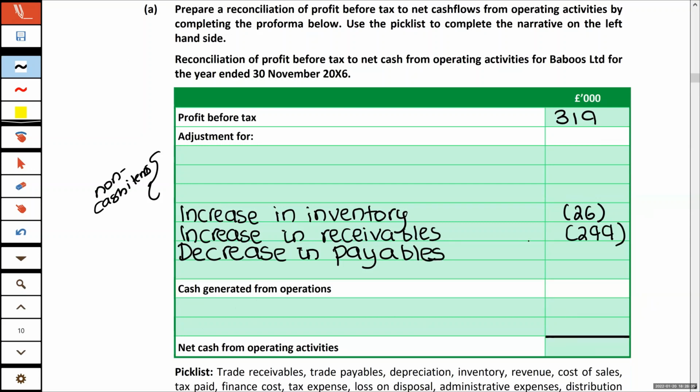If you pay, it's good from the supplier's point of view because they are getting money. However, from the business's point of view, from a cash point of view for the business, I'm afraid that's a bad thing. Money is leaving us. So that is bad. That means that's going to be a negative 262.